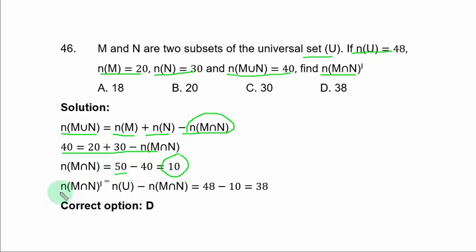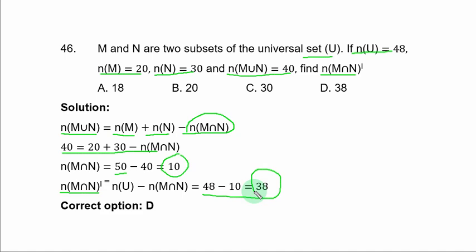To get the complement of the intersection, you subtract the intersection of M and N from the universal set. That is 48 minus 10, and you have 38.